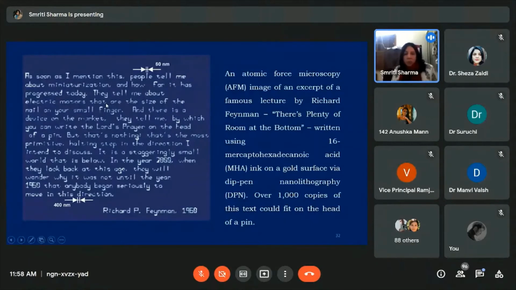So small, he wrote, using dip pen nanolithography. Such 1,000 paragraphs can be written on the head of a safety pin.